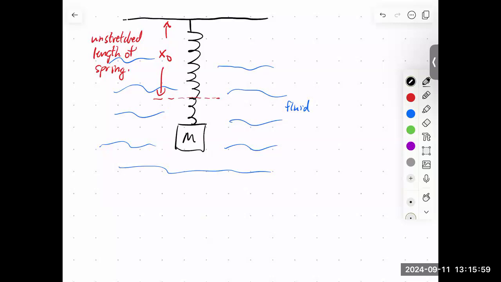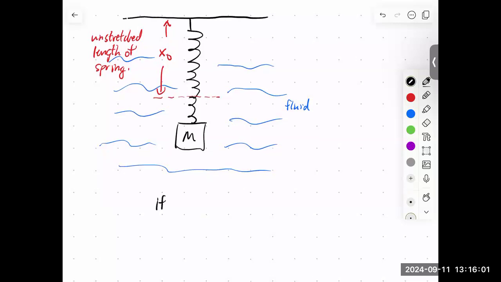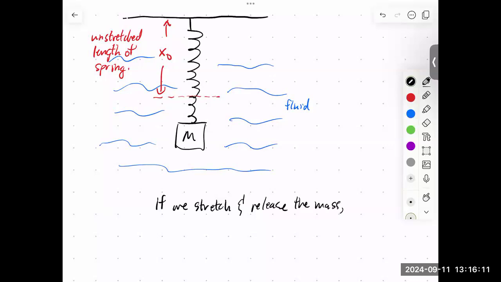Okay, so if we stretch and release the mass, it will begin to oscillate about an equilibrium position.